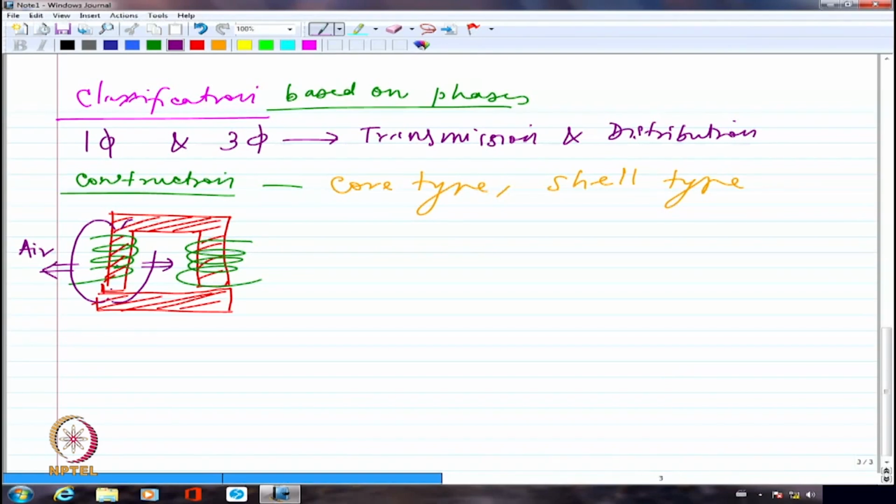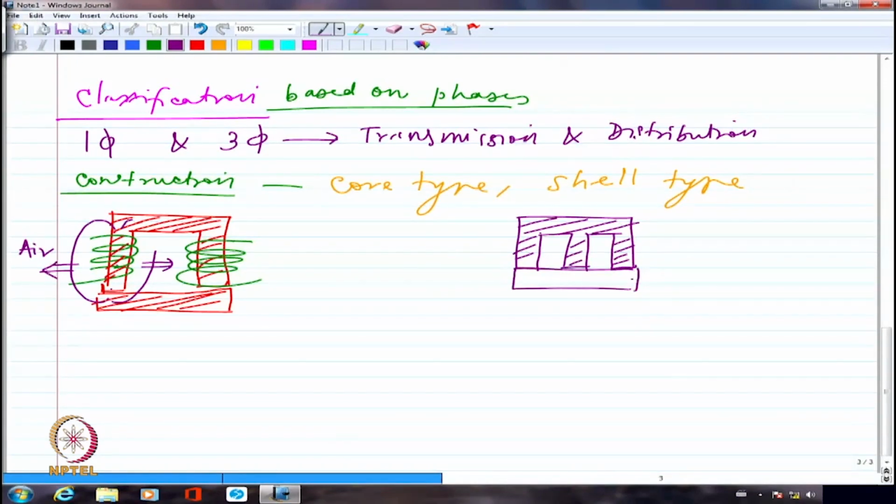Whereas in shell construction, I may have actually an E type of core. For example, I'm just showing that this is in the shape of E. This is how it is. And I'm going to have basically this as my core, and I'm going to close this with the help of, again, a straight line like this.